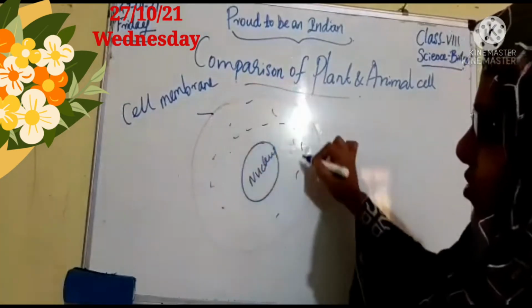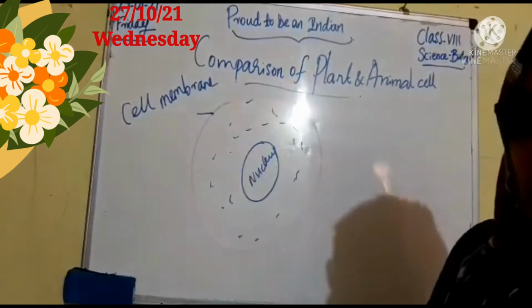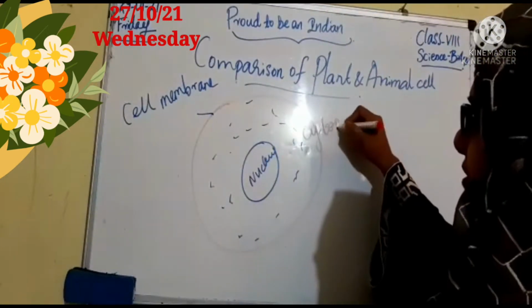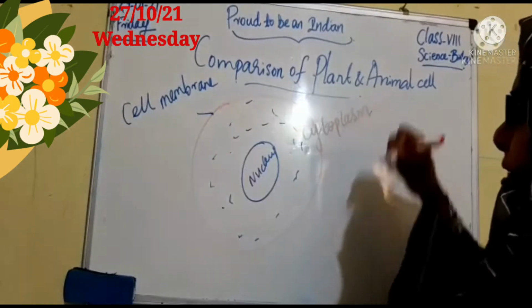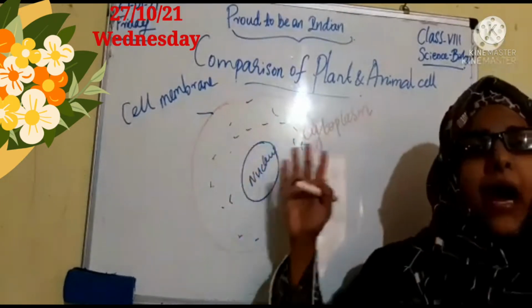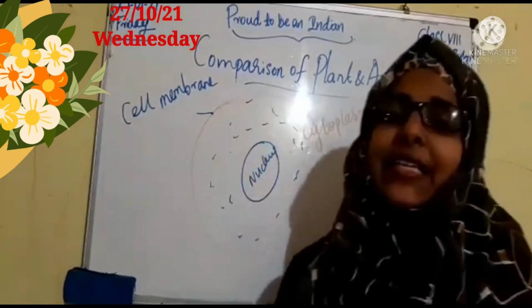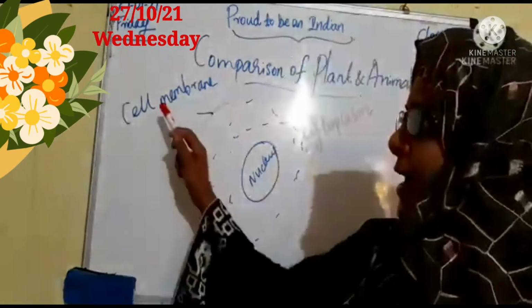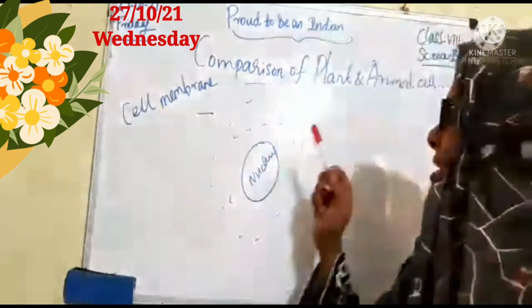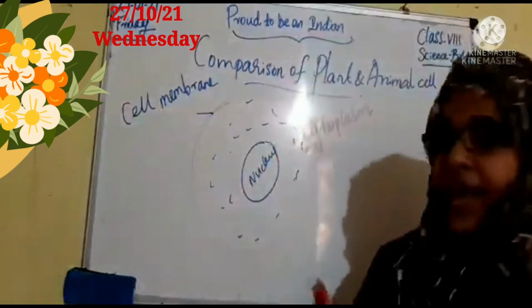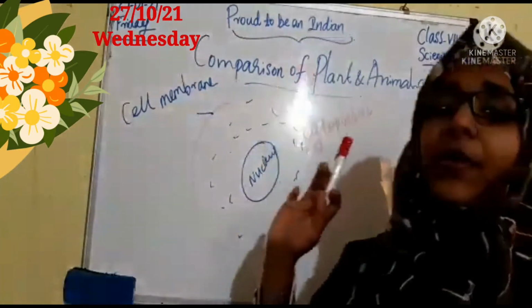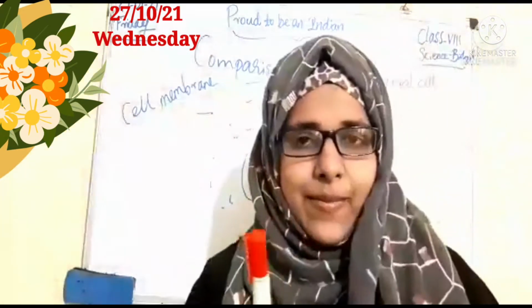A jelly-like structure, right? That we call cytoplasm. So these three parts are common for plant and animal cells. What are they? Cell membrane or plasma membrane, then cytoplasm and nucleus. These are all common for plant and animal cells.